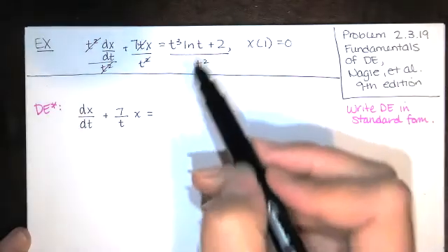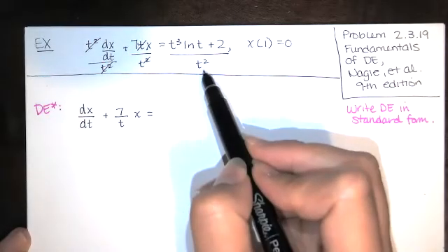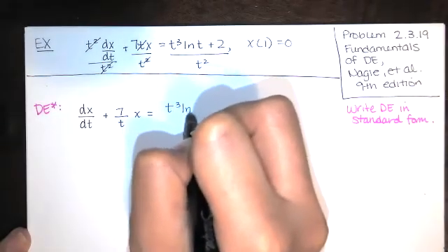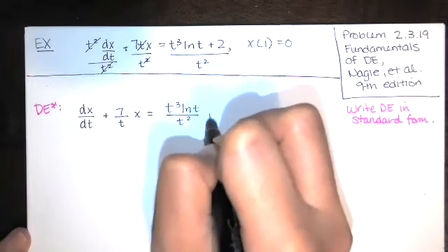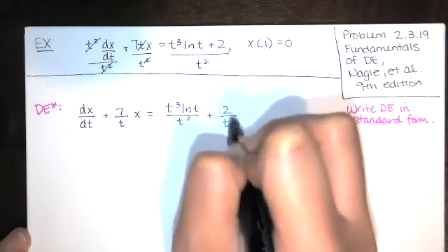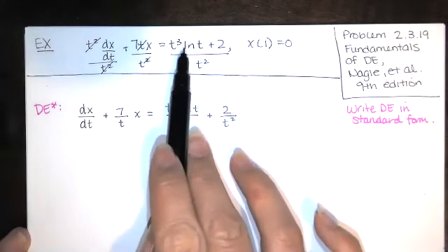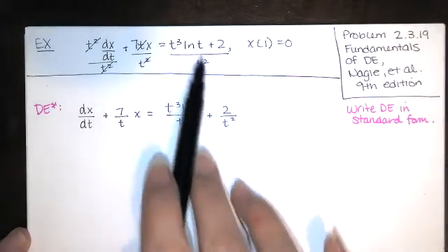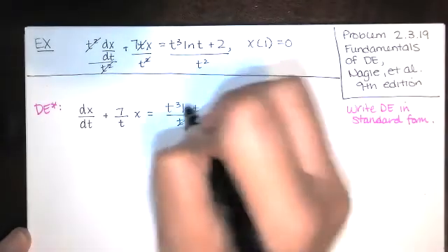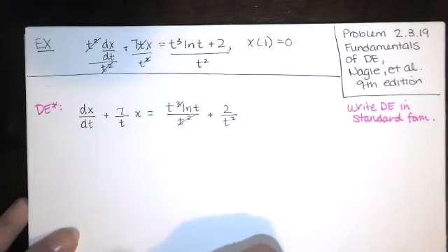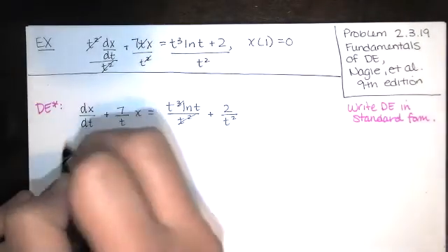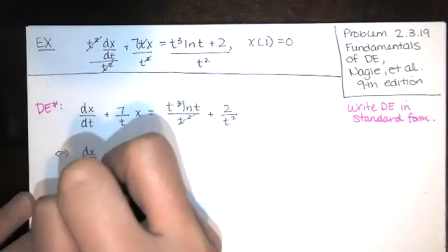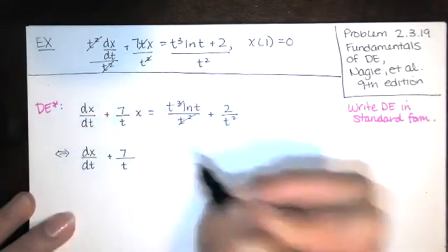I'll simplify this as well. I've got a t cubed divided by t squared. And then I've got a 2 divided by t squared. Because I've got 2 terms in the numerator, I can just separate the numerator and divide both of those by t squared. One of the t squareds will reduce there. And now we're here. So the differential equation is equivalent to this.